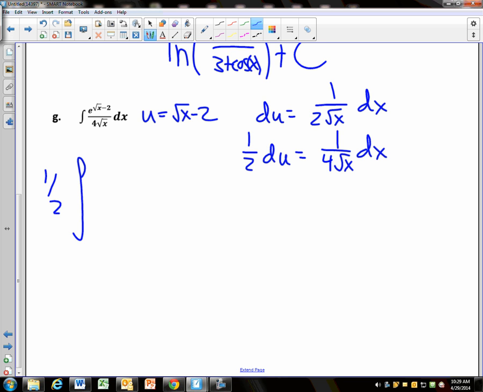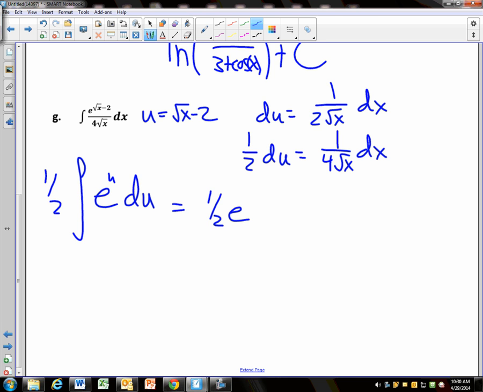Use my substitution. You end up getting e to the u du. Well, that's really pretty simple, isn't it? I mean, it looks really bad, but really, this is pretty simple. The antiderivative of e to the u is e to the u.